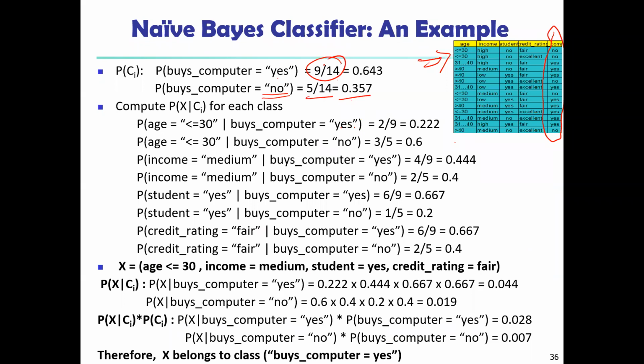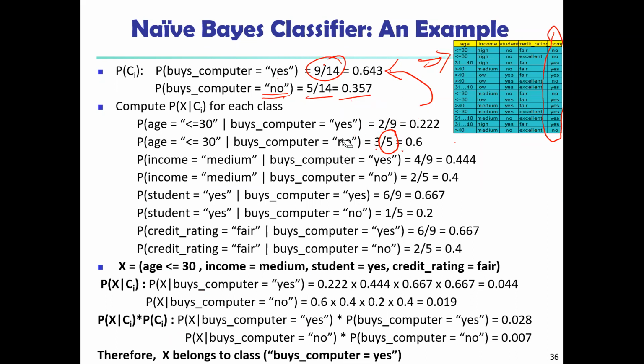So here, how many yes are there? 2 yes are there. How many no's are there? 3 no's are there. So how did we get 2 by 9 here? 9 is the total number of yes in the data set, and 5 is the total number of no's in the data set.